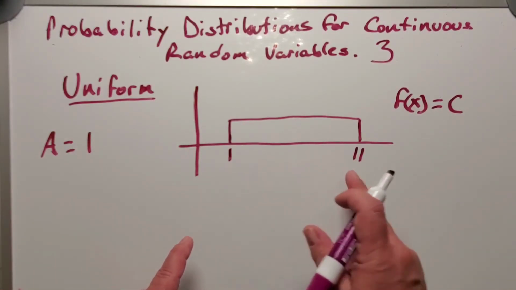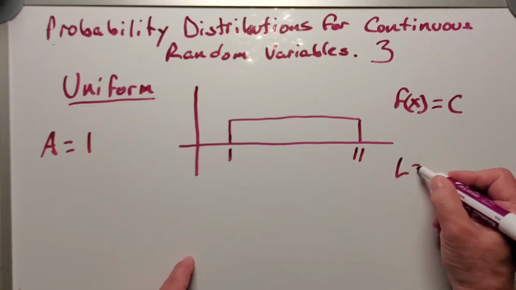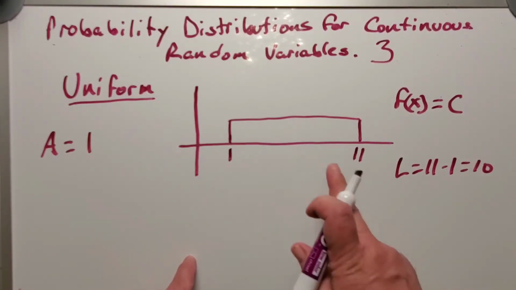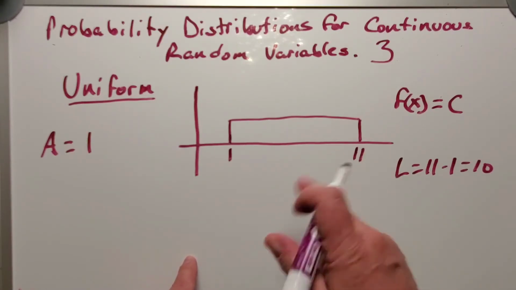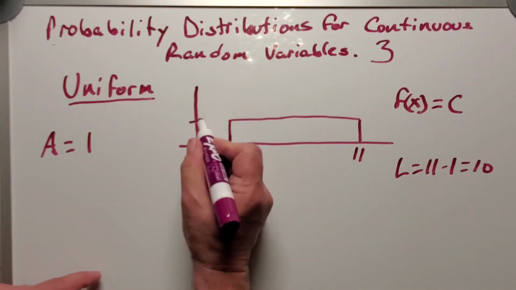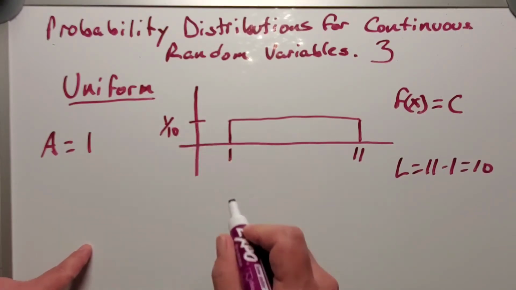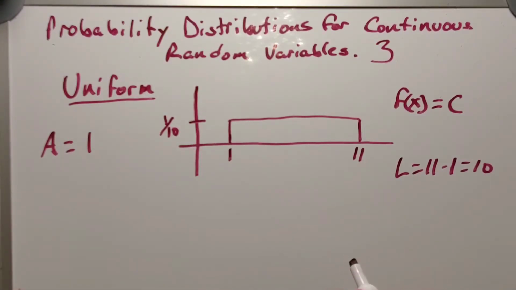We know that its length is 10 units. And for it to have an area of 1, that obligates us to see that its height must be 1/10 of a unit. So that's a probability distribution. Its area is now 1. So good.